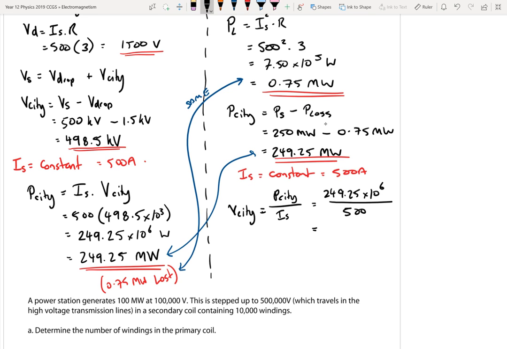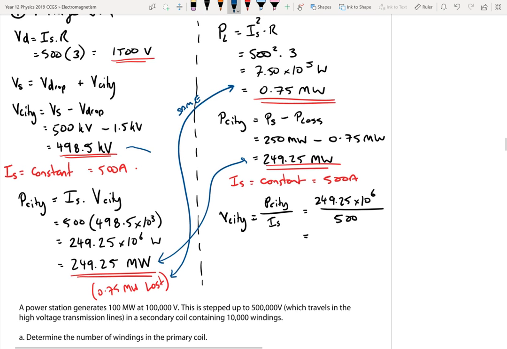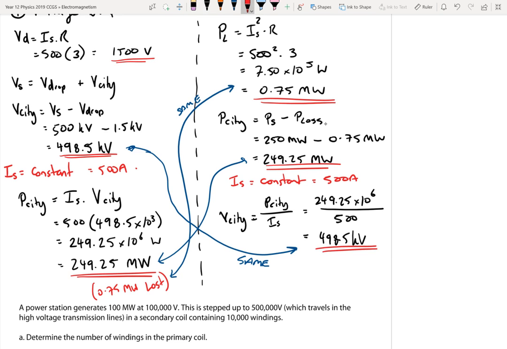And what do you think we're going to get? That number that I'm trying to highlight there. Calculator spits out 498.5 kilovolts. Okay?